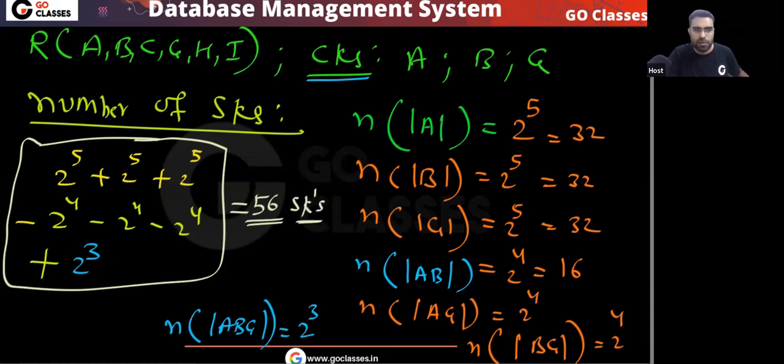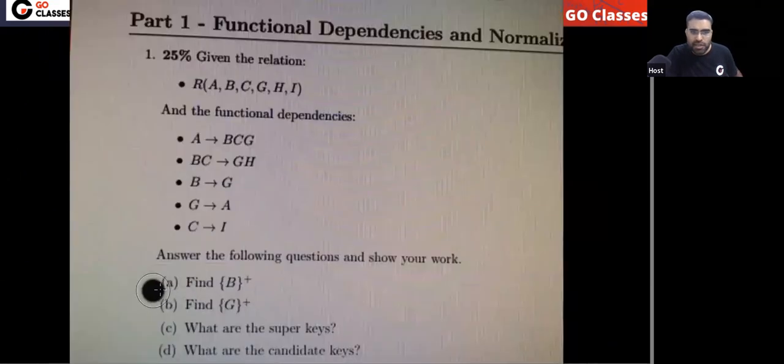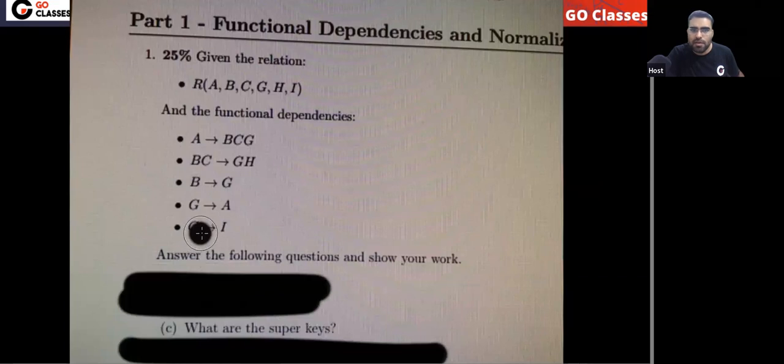Understood? So this is the interesting question. Let's assume in the GATE exam, they directly ask you for super keys. Then what is the best way?